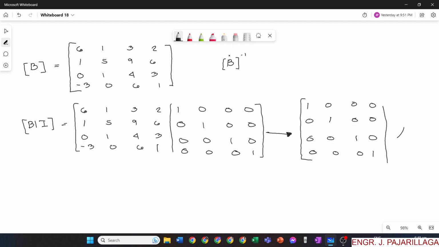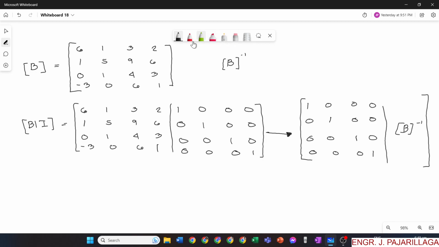of that. Ay, sorry, the inverse of that certain matrix B. Okay, so by applying elementary row operations, we can transform this into this.